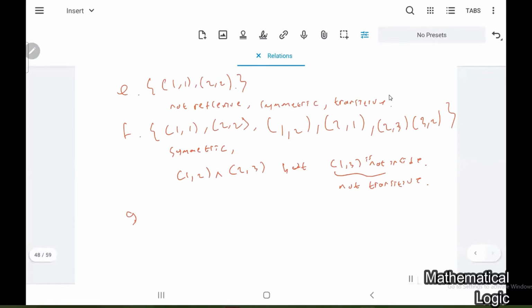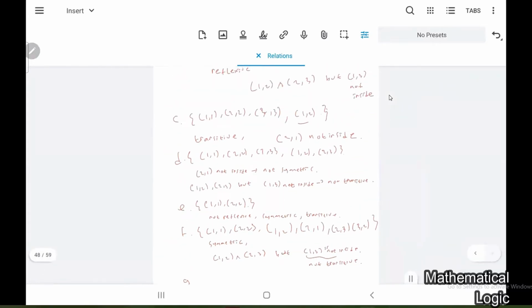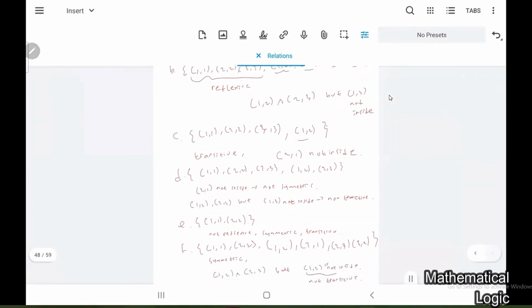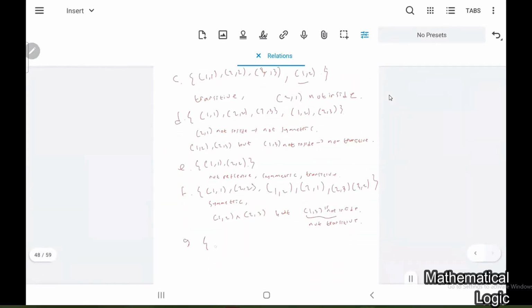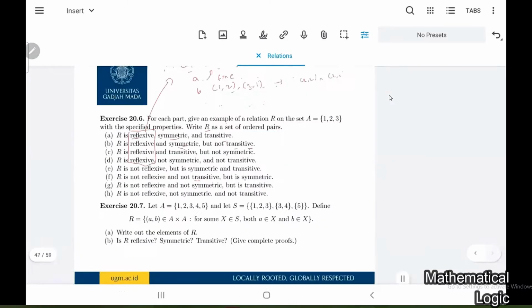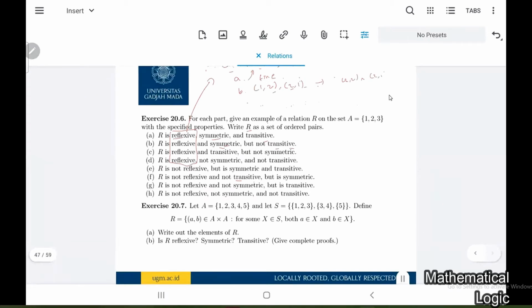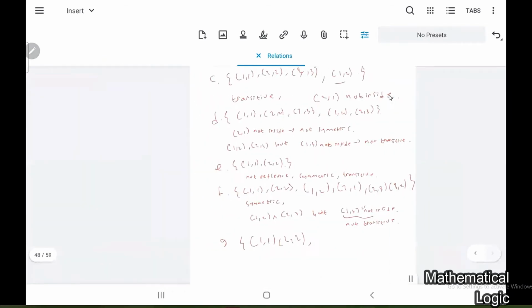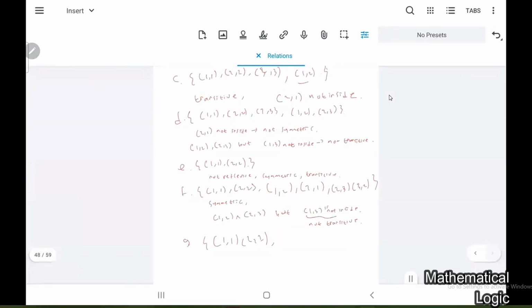So for point G, you can try to imitate point C. We have 1, 1, 2, 2 again. So what is it? You want to make it not symmetric but transitive, correct, right? Not symmetric but transitive.